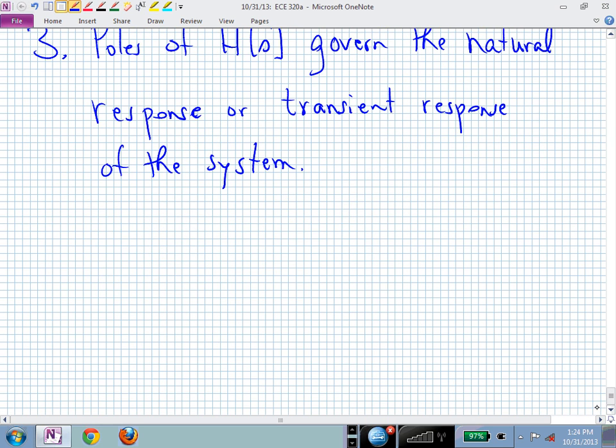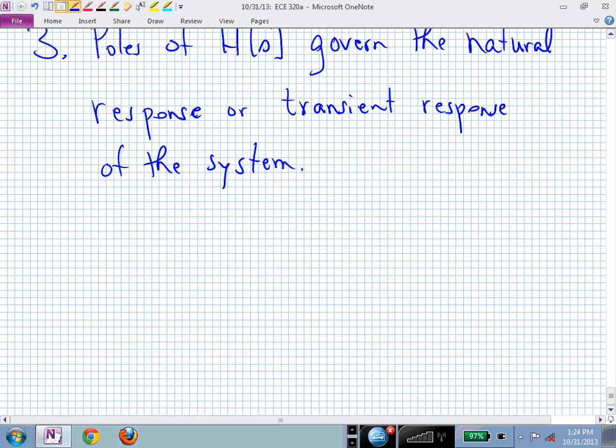Meaning, if your interviewer gave you a circuit and he gave you RLC values, and you found the roots of that quadratic, now you can tell him something about the transient behavior of that circuit, how it naturally will behave.